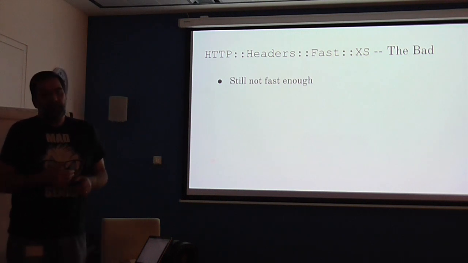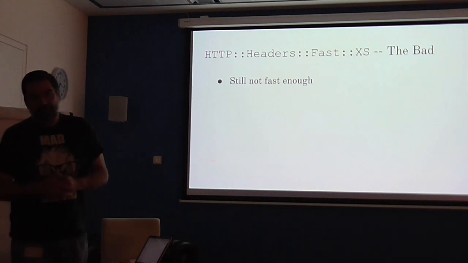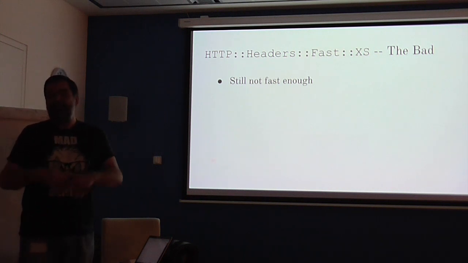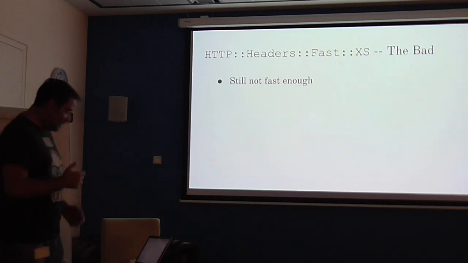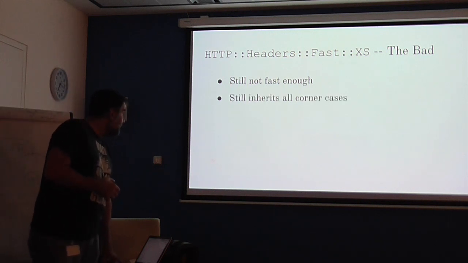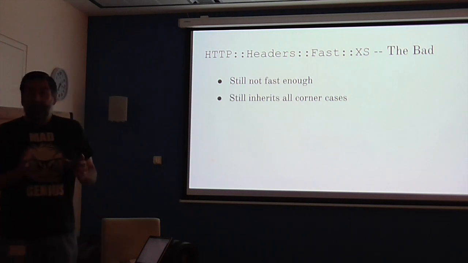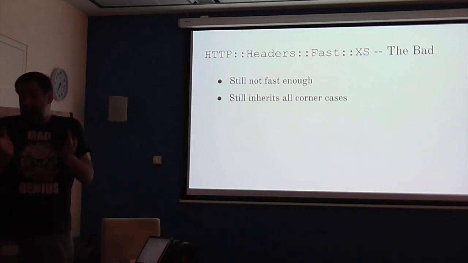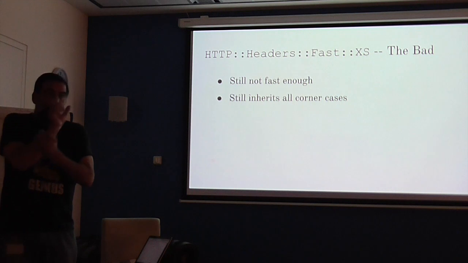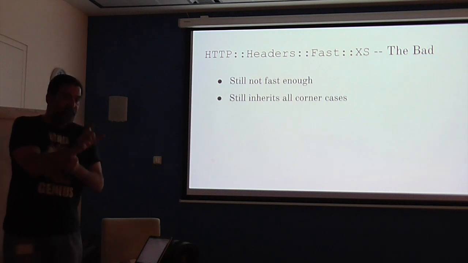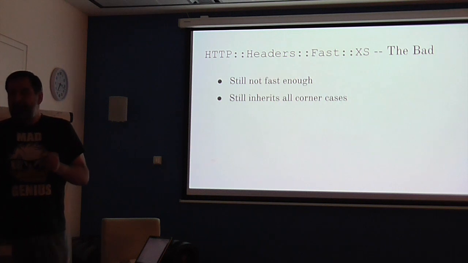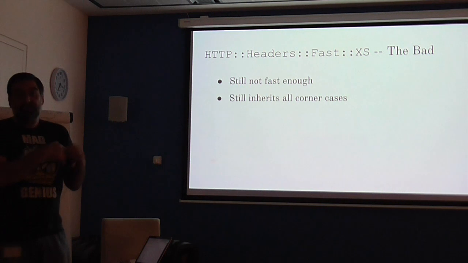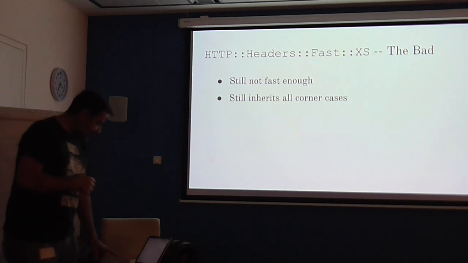We thought, when we move stuff to C, this is going to fly. It's going to be, I don't know, 5 times faster. And it was kind of a surprise that it wasn't. We're still inheriting all corner cases, and this is just because of the way it's implemented, right? We just took a couple of the functions in headers fast and re-implemented them in C. So the interface, everything that worked before works the same way, but with a few faster pieces.